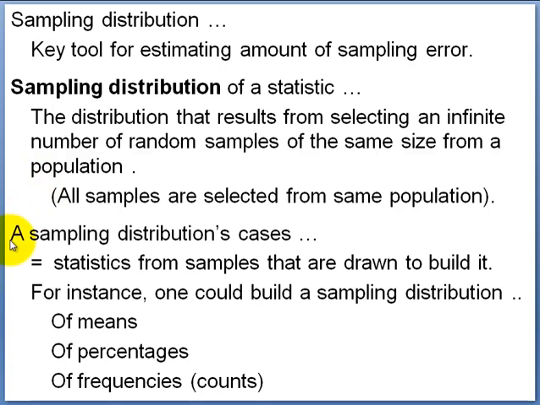A sampling distribution's cases are the statistics from the samples that are drawn, so that, for instance, one could build a sampling distribution that was composed of means. One could build one for percentages or perhaps for frequencies, that is, counts. And the next slide will demonstrate the process step by step.